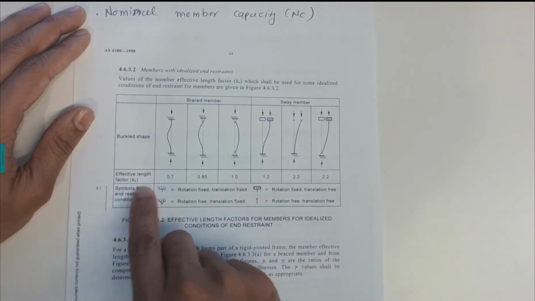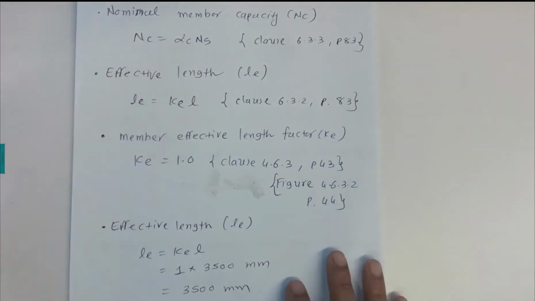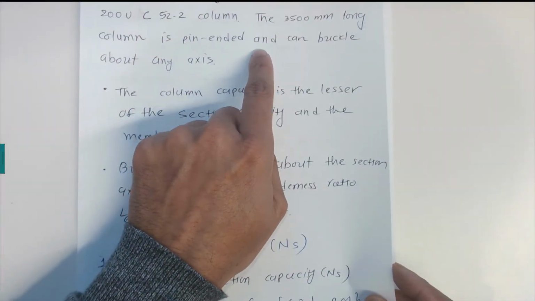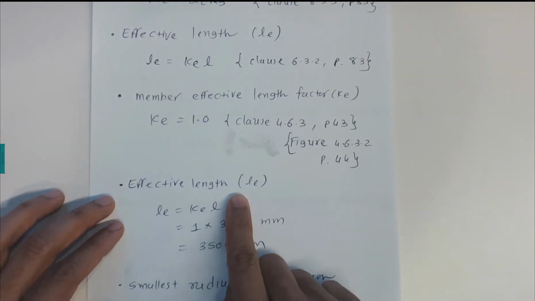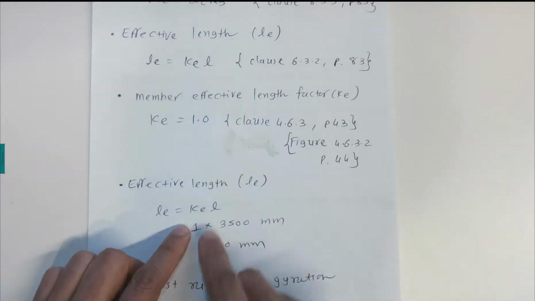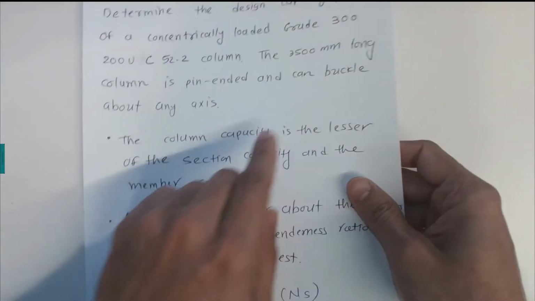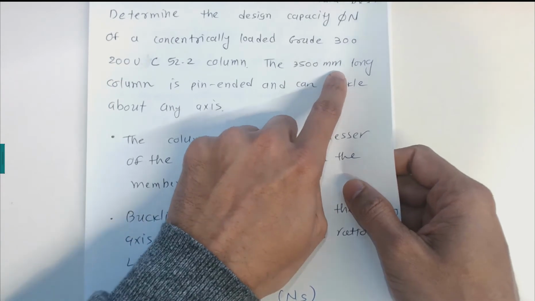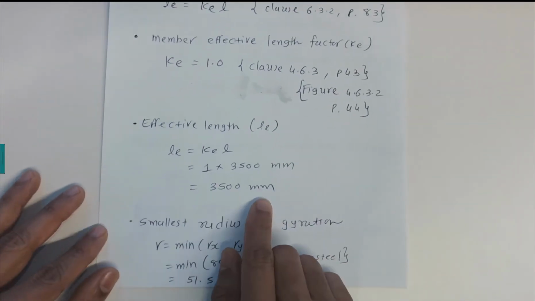So the ke value is taken as 1. The effective length is ke, which is 1, times the length given in the question, 3500 millimeters. Substituting gives 3500 millimeters.